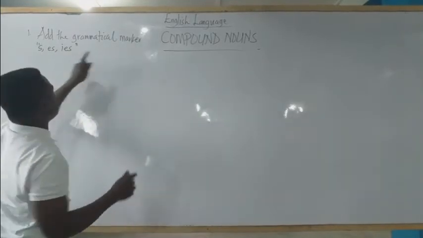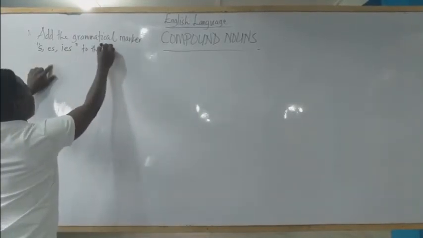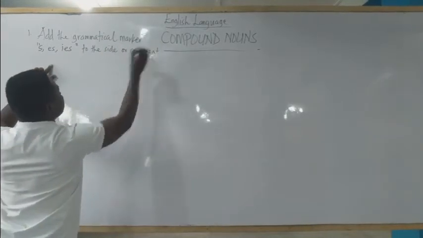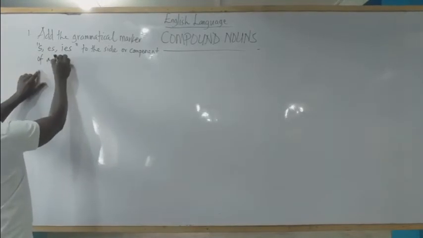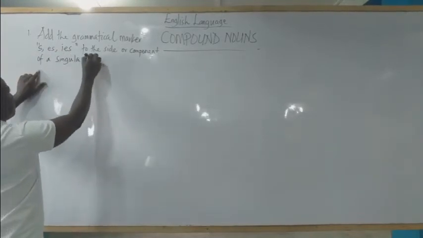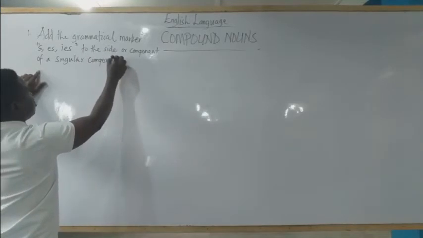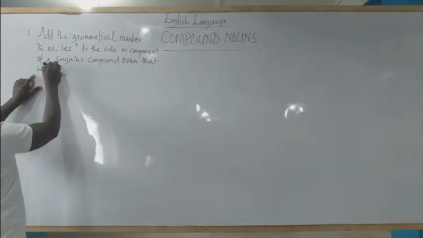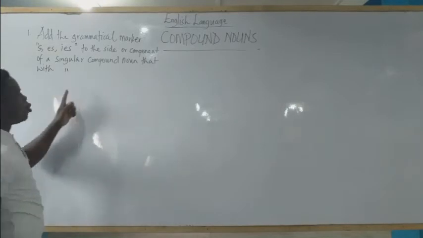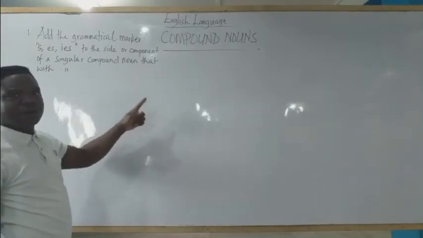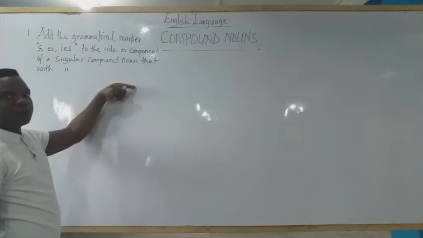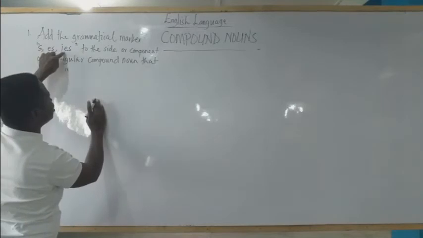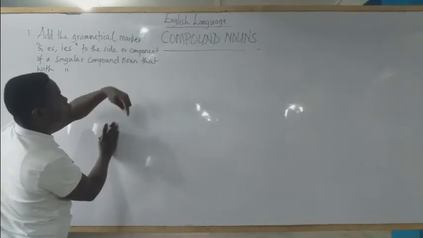You add the grammatical markers to the first side or component of a singular compound noun that ends with any of the following. They are written on the board. You add the grammatical markers S, ES, IES to the first component to form the plural.